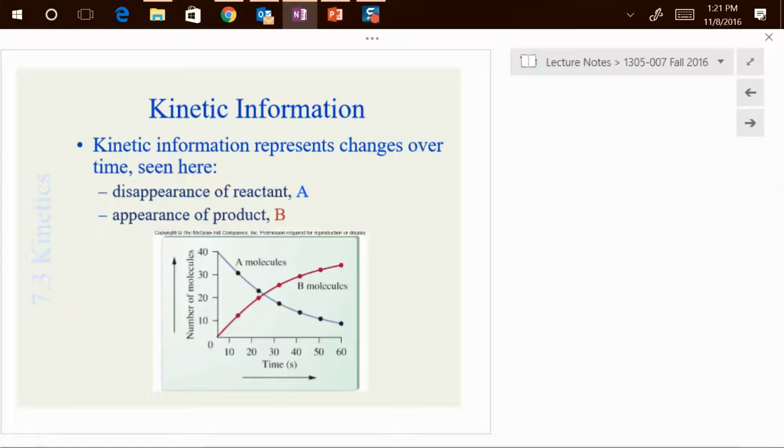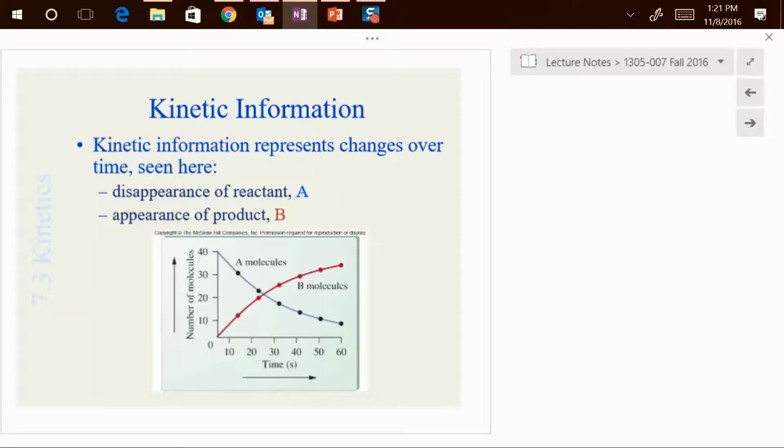So here you can see that as molecule A disappears, which is a reactant, molecule B is appearing, which is a product, at the exact same rate. Because this appearing is dependent on this disappearing. So they're going to disappear and appear at the same rate. Okay? That's how chemical reactions work, right?